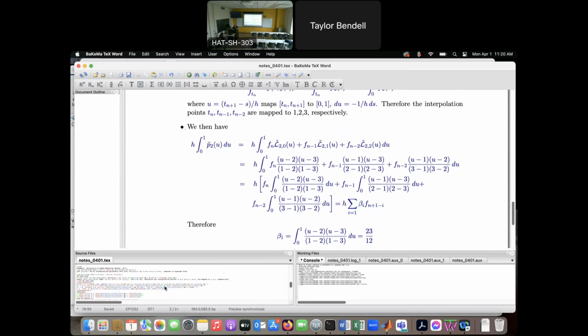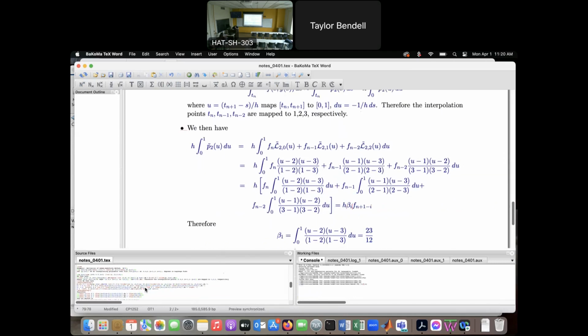I'm going to write it not in sigma notation, but just write out each term. Beta 1 fn plus beta 2 fn minus 1 plus beta 3 fn minus 2.